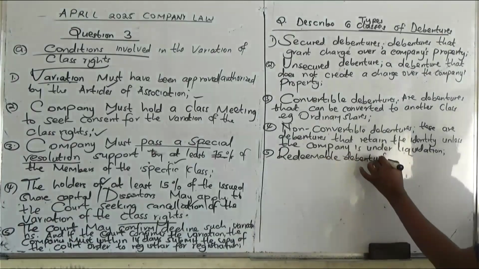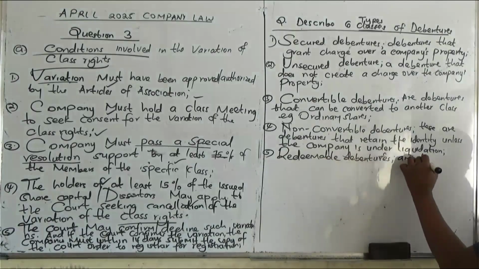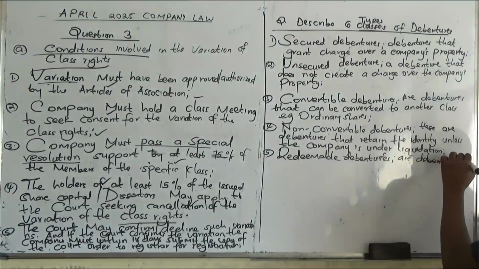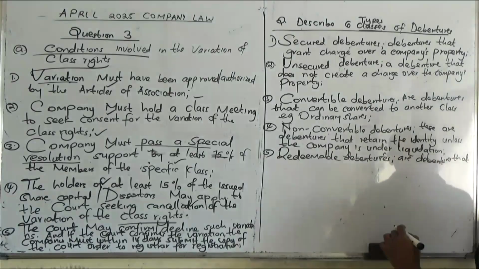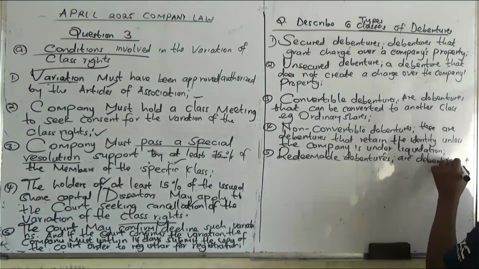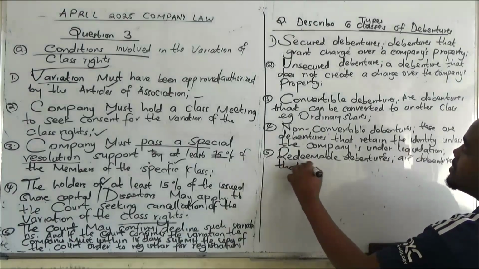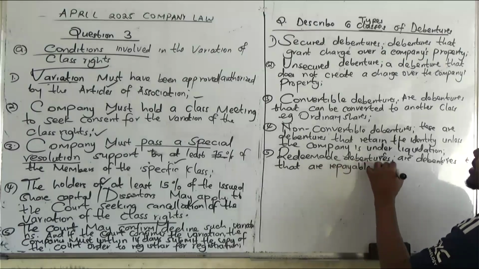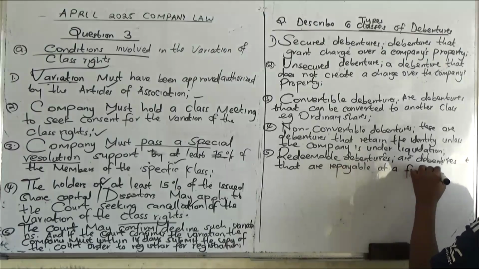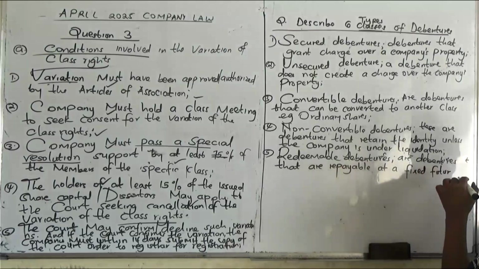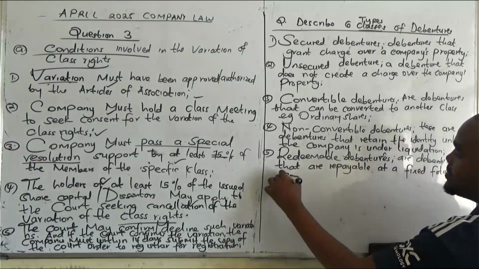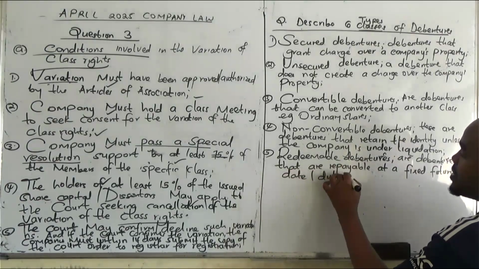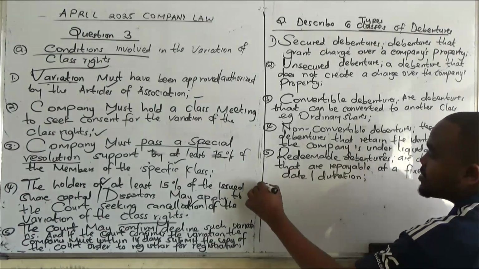They are debentures that are repayable at a fixed future date or at a fixed future duration. Their date of repayment is known.